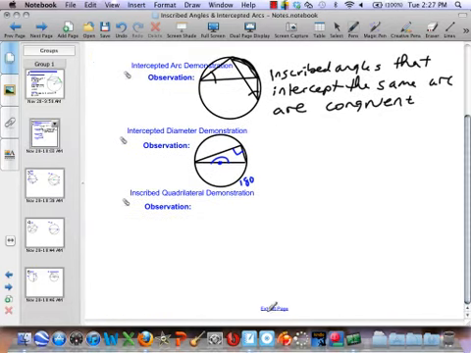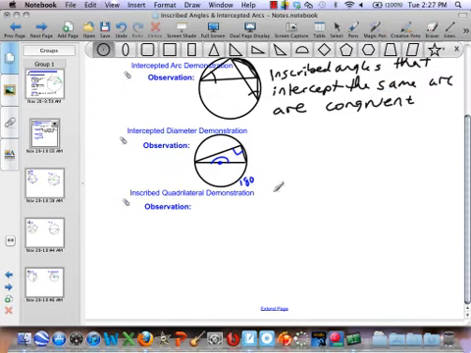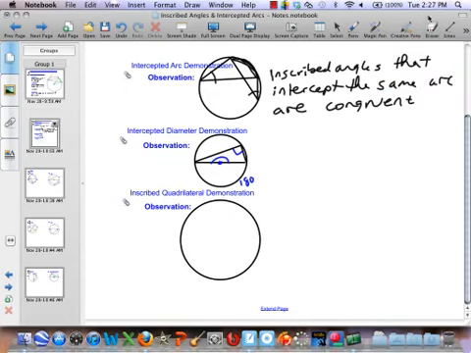Alright, last one. Talking about a quadrilateral. So again, if I have a circle and just some random quadrilateral, my opposite angles, A and B, let's say those are opposite angles, what's the relationship between angle A and angle B?